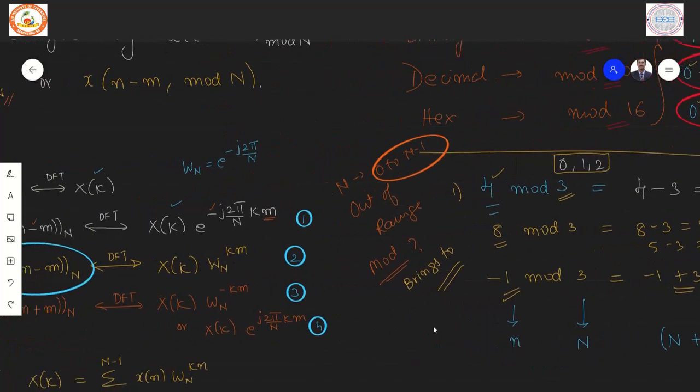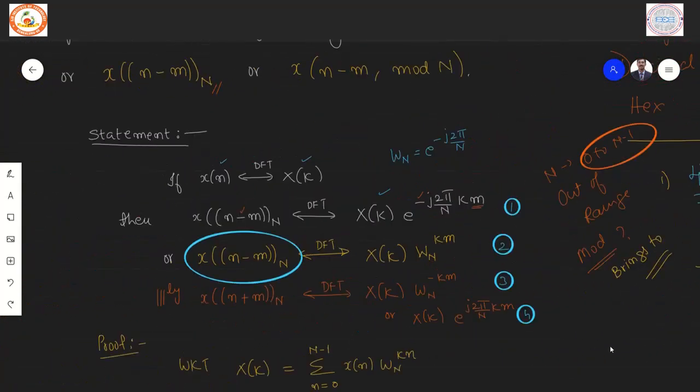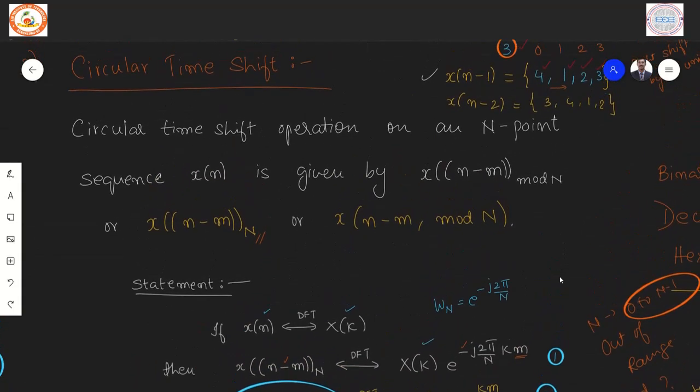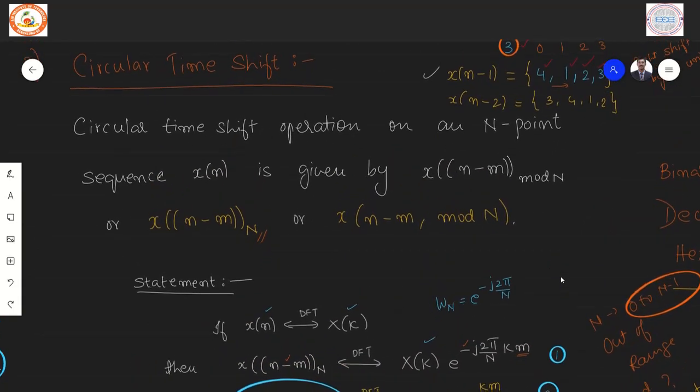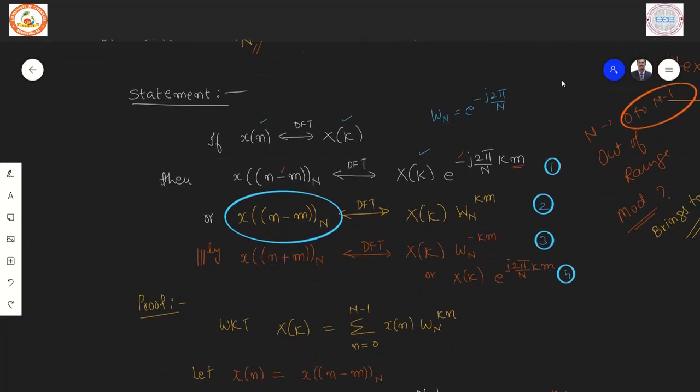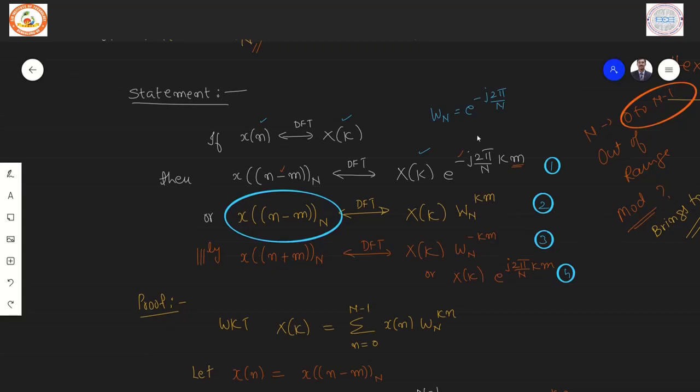Now, let us talk about the property which is called the circular time shift property. It's a very simple property, but it's also very useful. The statement of the circular time shift property is something like this.